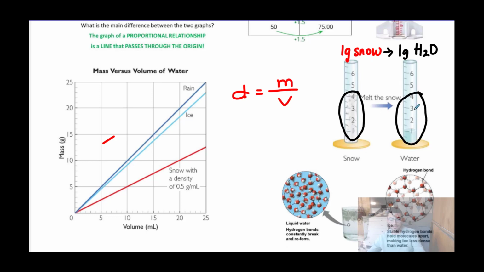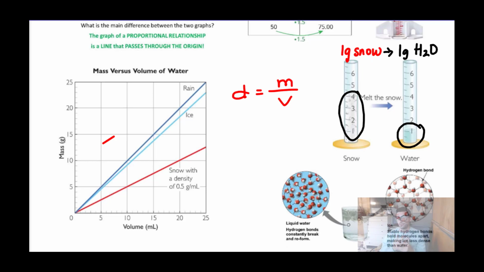The only difference is here, this is the volume that matter is now taking up. Because when water melts, those molecules get closer to each other. I have the same number of them, but they're just moving closer together, so they are taking up less space, which is why the volume changes from 4 milliliters to 1.